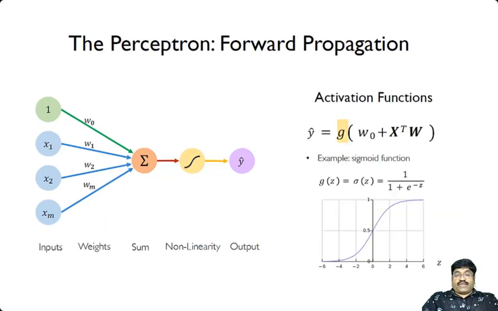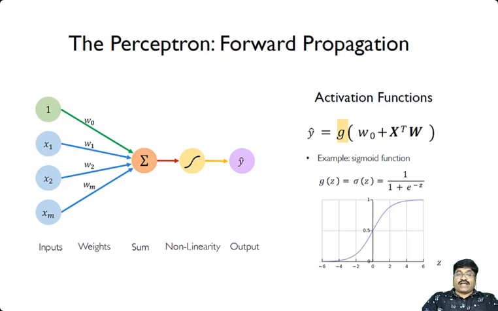So now you might be wondering, what is this nonlinear activation function? One common example of this activation function is what's called a sigmoid function. And you can see an example of a sigmoid function at the bottom right.